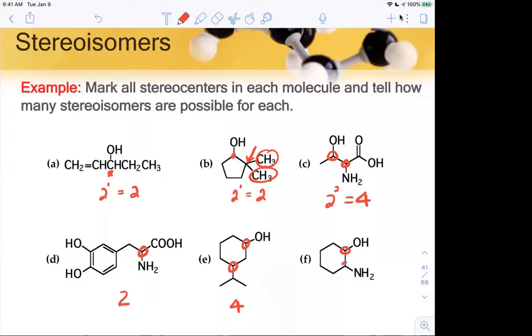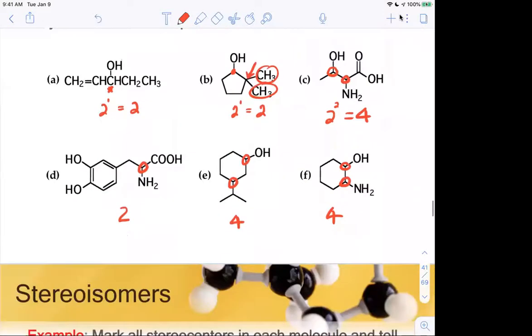And this also has 2 stereocenters, so I have 4 possible stereoisomers. So again, you have to be good at recognizing which carbon has 4 different attachments. And you're going to have to start thinking about how I can have more than one of those stereocenters, like I do in many of these.